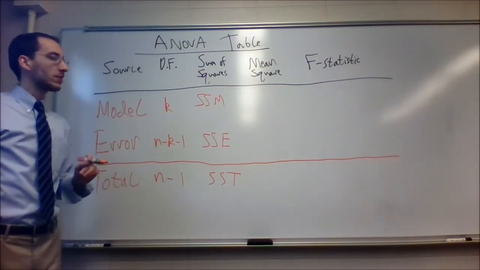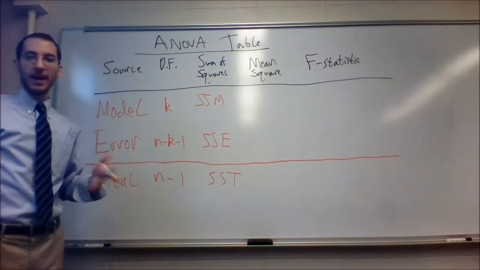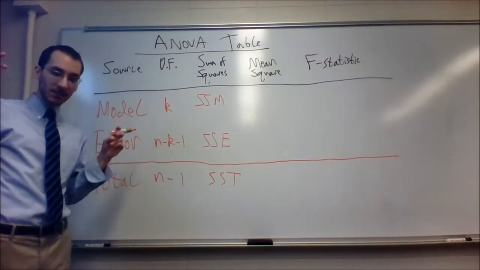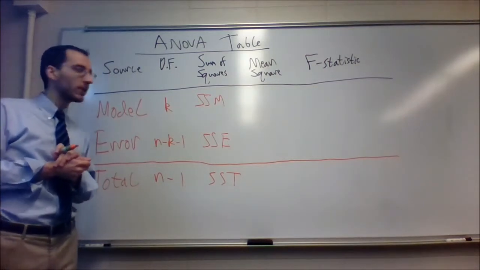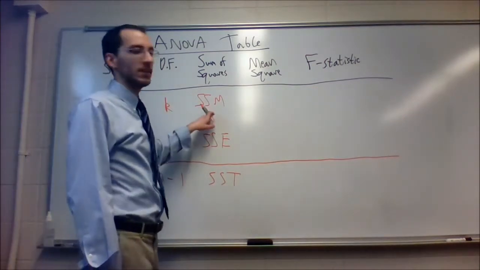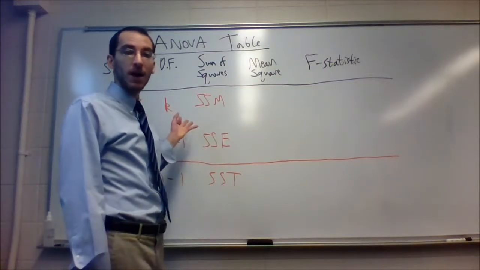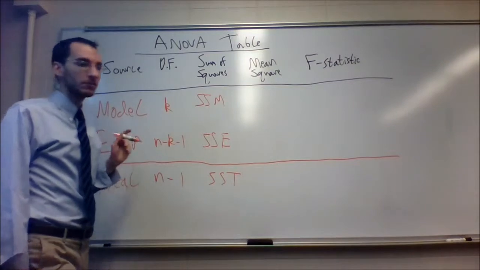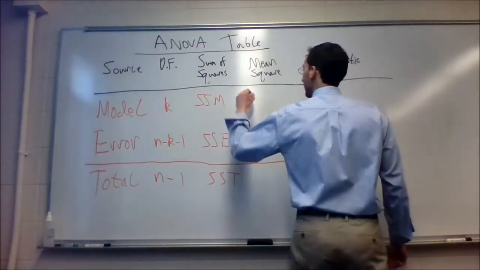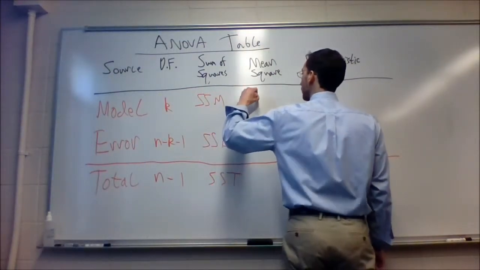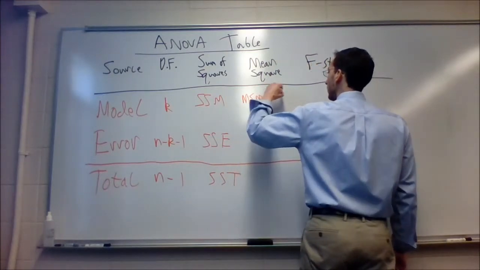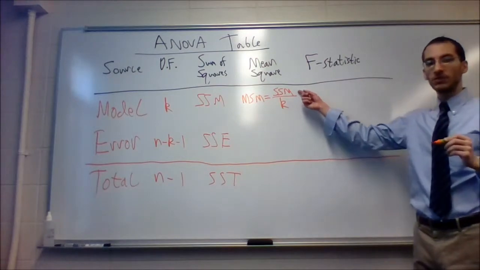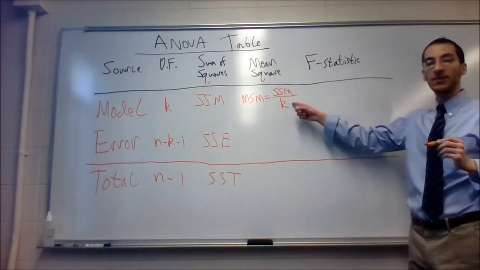If I want to take my sums of squares and, in one loose sense of the word, find the mean of those sums of squares, what I do is I take my sums of squares and I divide it by how many degrees of freedom there are for a given source. So I say that the mean square model, MSM, is just equal to the sums of squares for the model SSM divided by k.